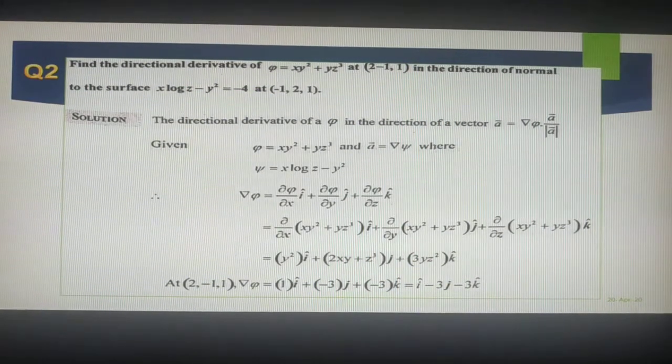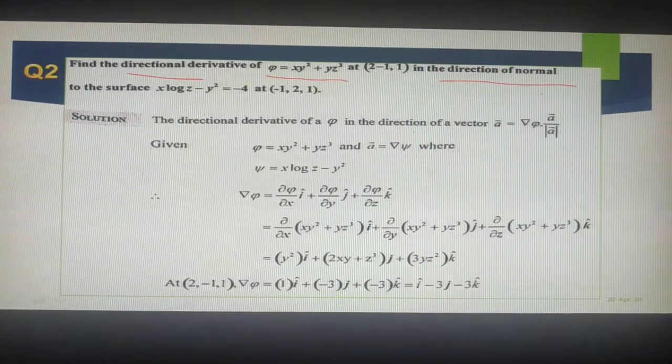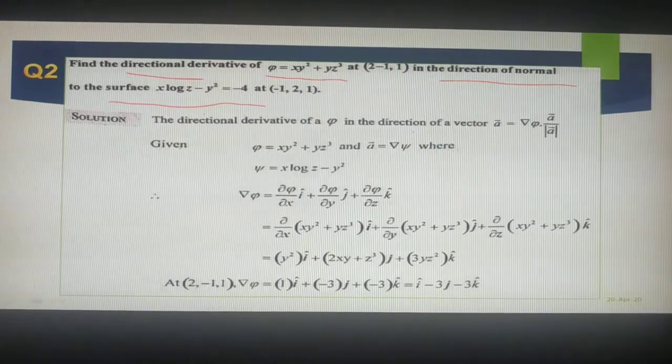Here you see in this problem, we need to find the directional derivative of this scalar point function in the direction of the normal to the surface. So here you should be very careful.